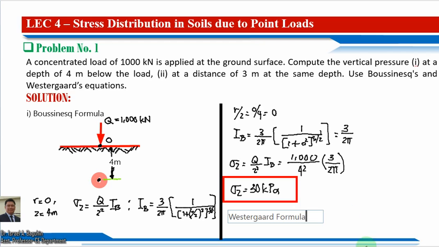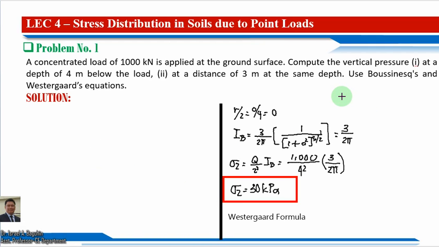Okay, so if you can remember, for our Westergaard formula, our sigma z is just equal now to q using the influence factor.